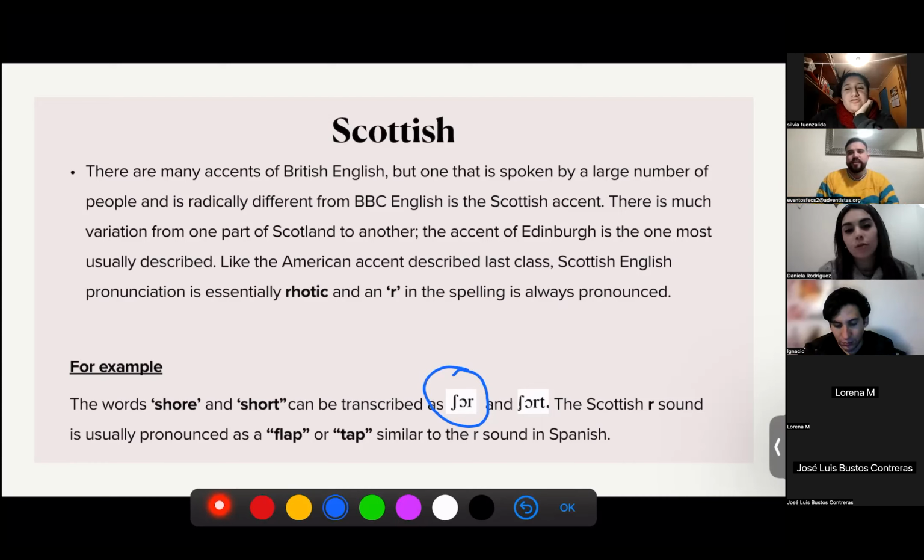Yeah, I want to go to the shore. Well, not like the BBC shore, but with the tapped R. And the other one would be like short.